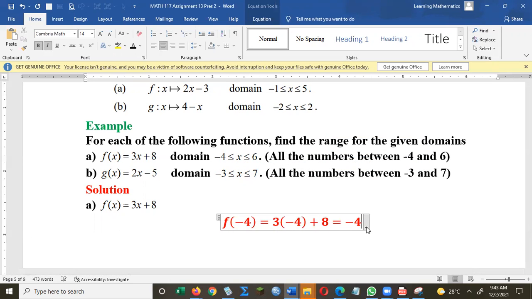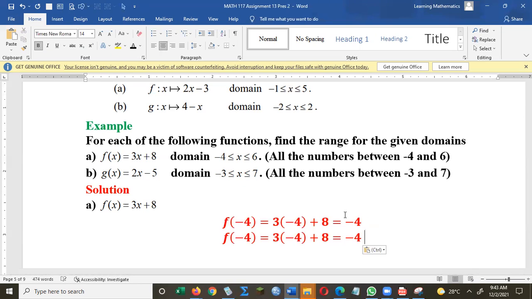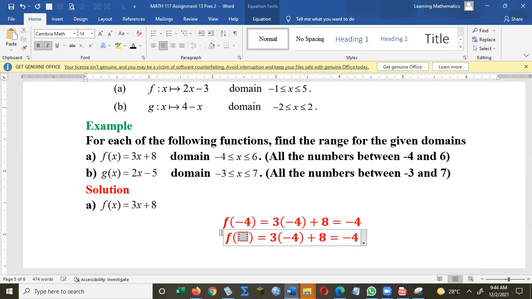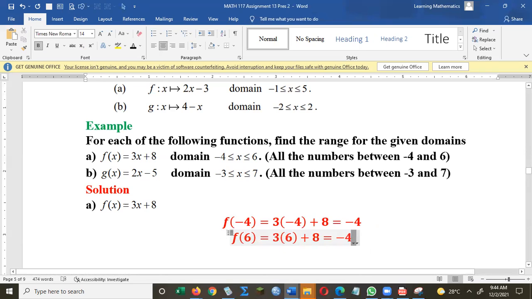So we get -4. And the next step is to put 6, the next domain value that we see. So we find what is f of 6. Very simple process.